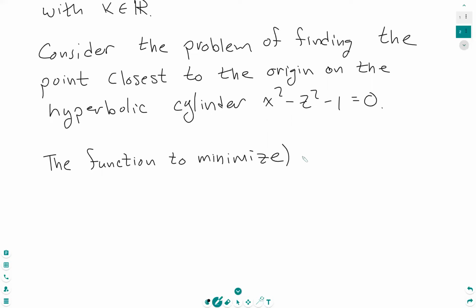I want to find the distance from the origin to this point. So since it's from the origin, I have x minus 0 squared plus y minus 0 squared plus z minus 0 squared is equal to some distance squared. We'll move the square root over to this d here because it's still a constant.